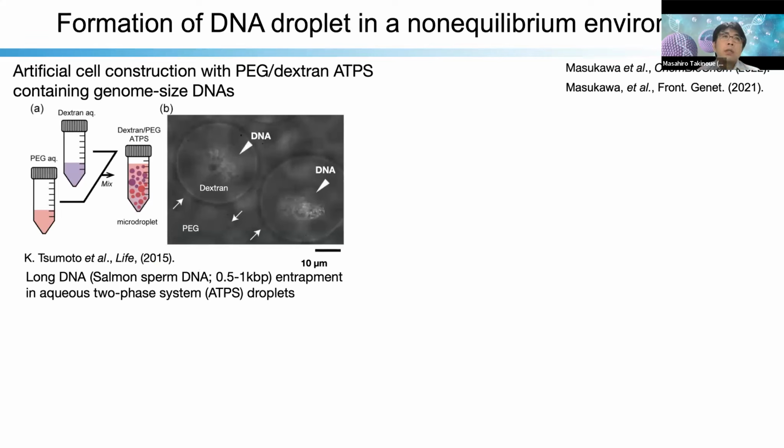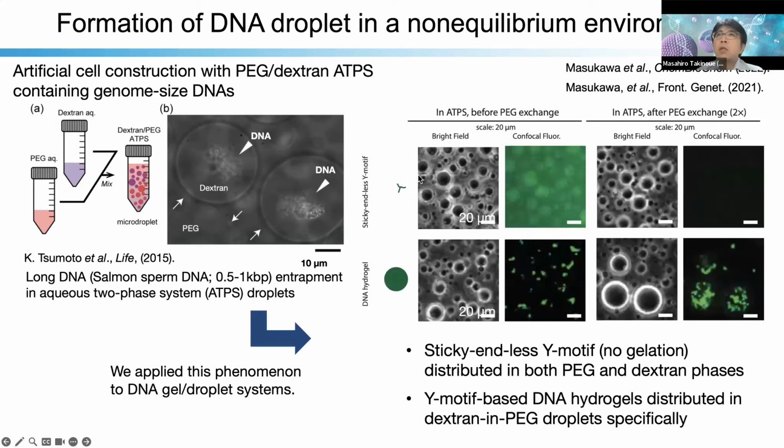Previously, Professor Yoshikawa's group found that genome size DNA can be specifically distributed into the phase separated dextran phase in the PEG phase. I mean, this genome size DNA is introduced into the dextran droplet in the PEG phase specifically. So we apply this phenomenon to our system.